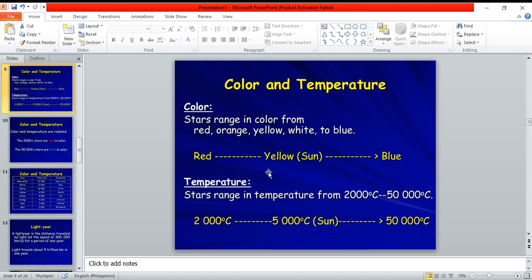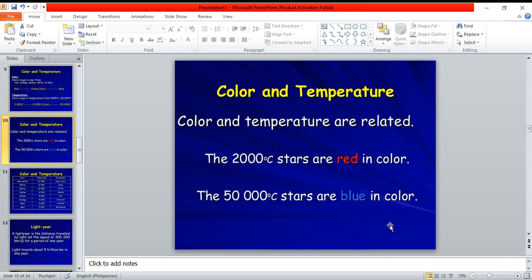Yellow stars, for example the Sun, are hotter than the red stars because their temperature is around 5000 degrees Celsius. Blue stars are the hottest of all, because their temperature is around 50,000 degrees Celsius.